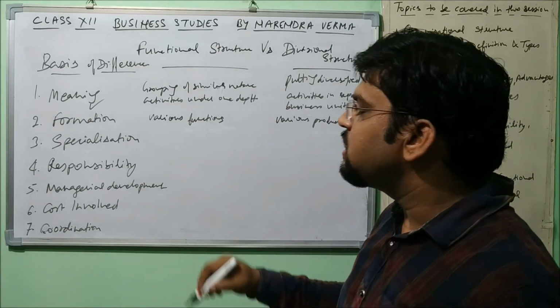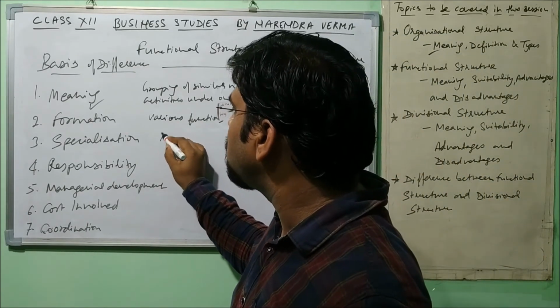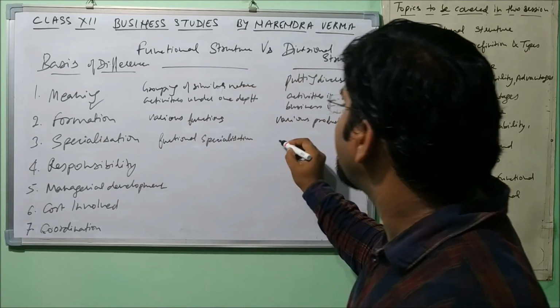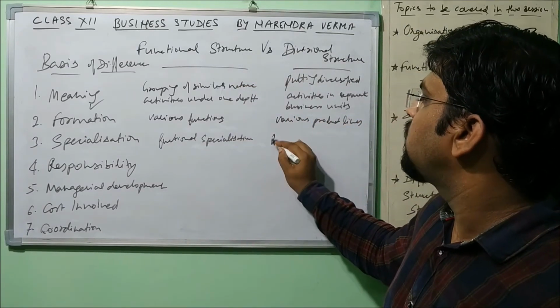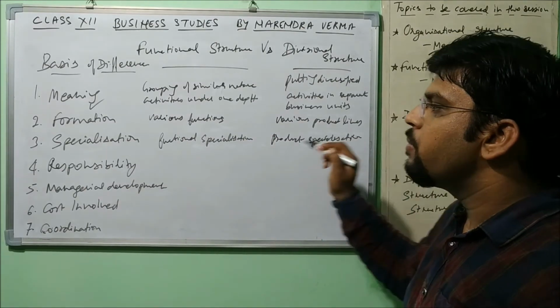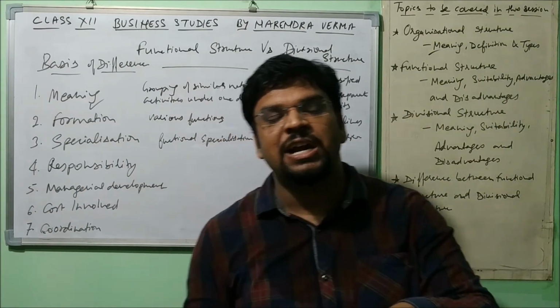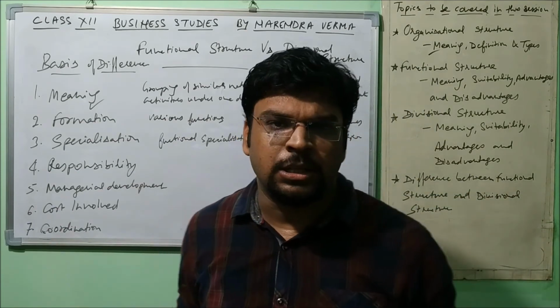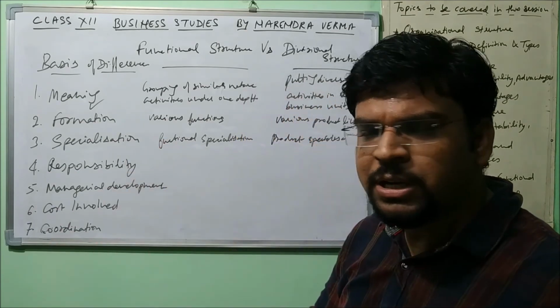Specialization. The functional structure leads to functional specialization, and the divisional structure leads to product specialization. If you remember all the advantages and disadvantages of these two, then it becomes very easy to compare them, right? The same points are being repeated.